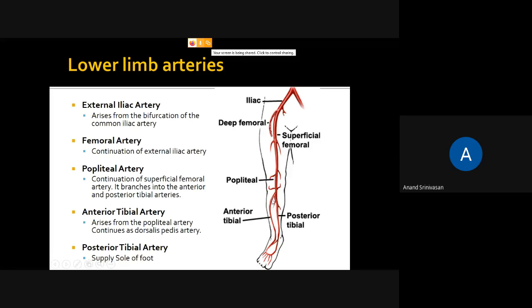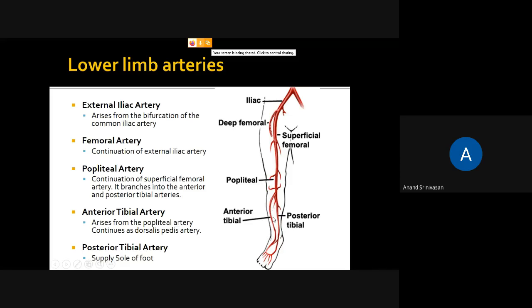One artery is present anterior to the tibia and the other artery is present posterior to the tibia. That's why these are called the anterior tibial artery and posterior tibial artery.